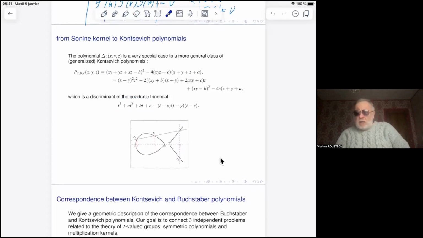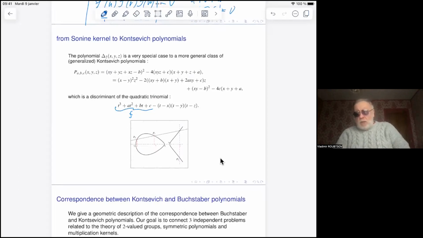And then subtract from this cubic f the product t minus x, t minus y, t minus z. So we suppose that x, y, z are roots of this cubic. And then factorize it and subtract.